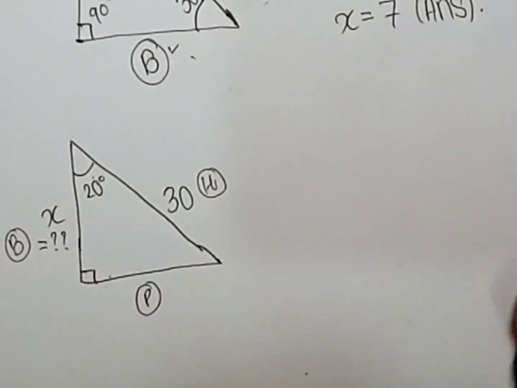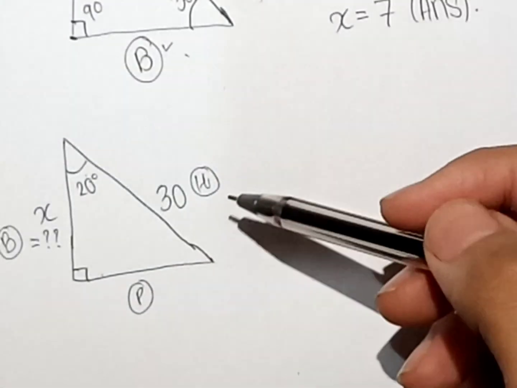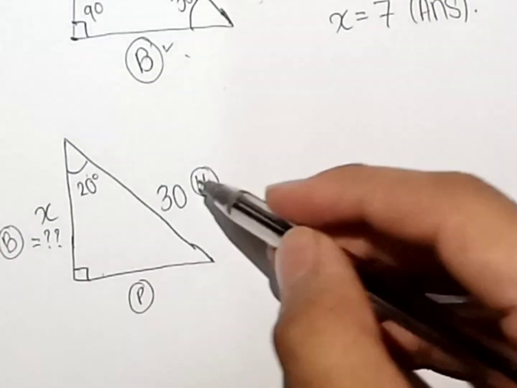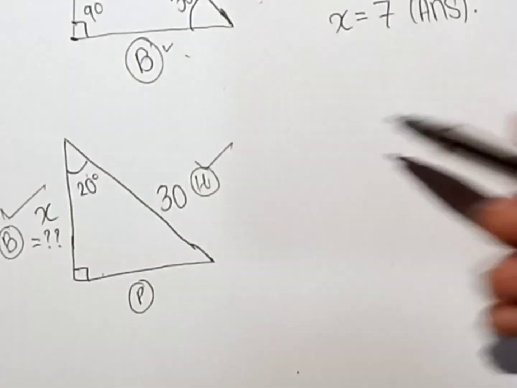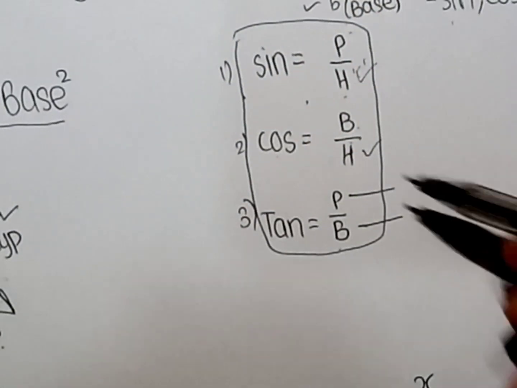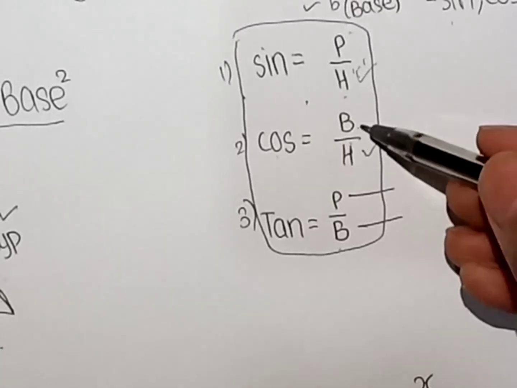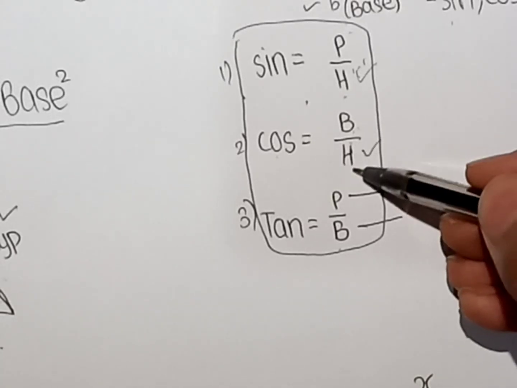Now focus on this. Can I apply the Pythagoras theorem? No, because the angle is involved. So what can I apply now? The hypotenuse is given, and they are asking about the base, with no involvement of the perpendicular. Now moving on to the trigonometric ratios, where are hypotenuse and base together? Base upon hypotenuse.